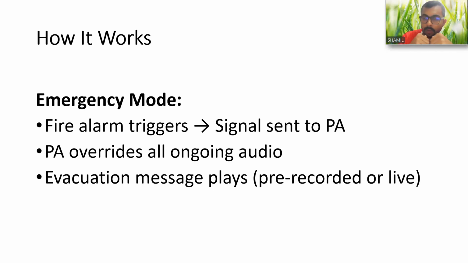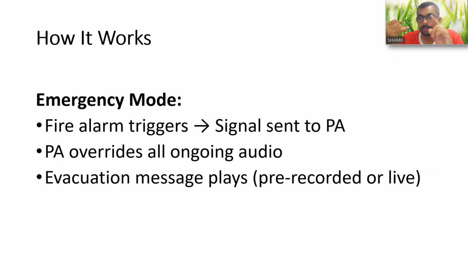That is, the PA will override all the ongoing audio. Suppose a building is operational during normal hours, and suddenly a fire is detected. The fire alarm will be activated, and the signal will be transmitted to the public address system. Whatever announcements or music were being played will be muted, and the fire alarm signal will activate, and the emergency evacuation messages will be played.